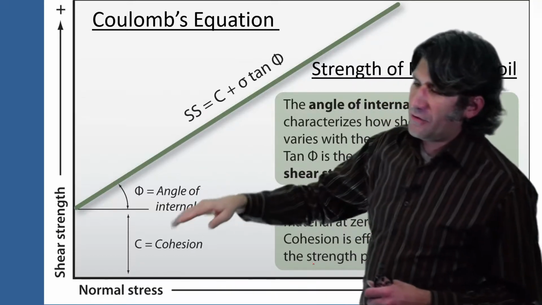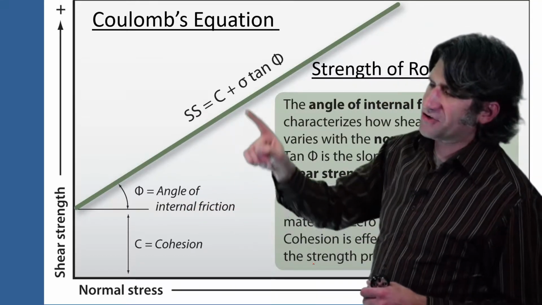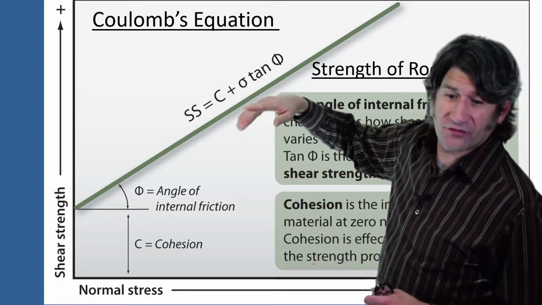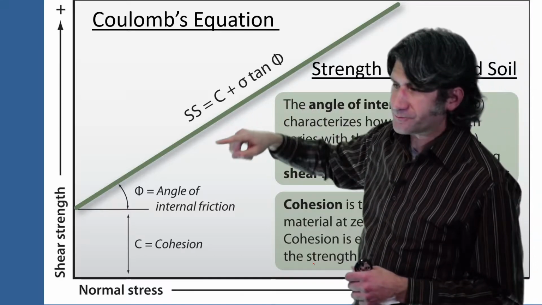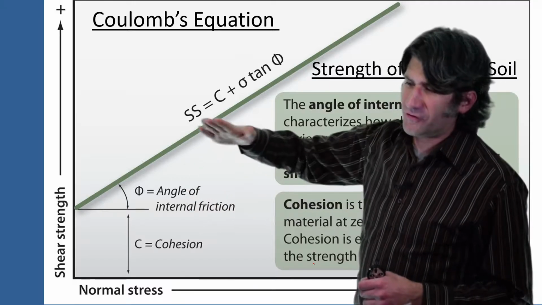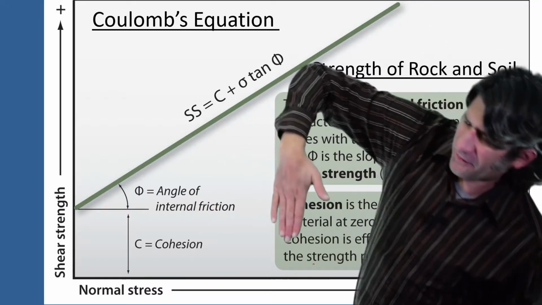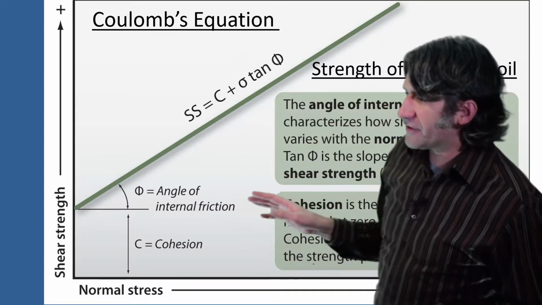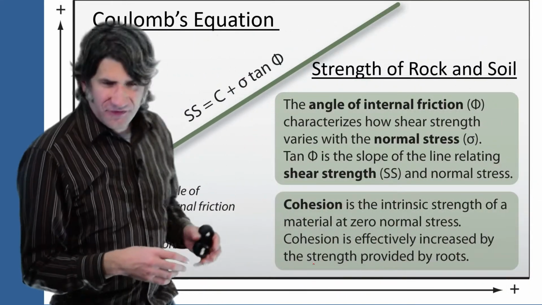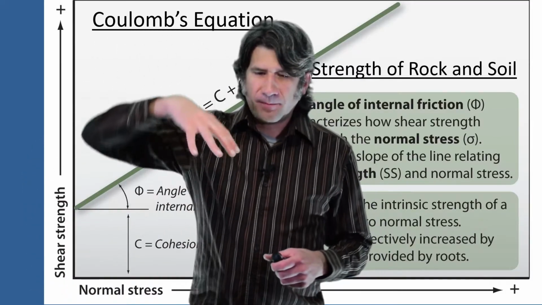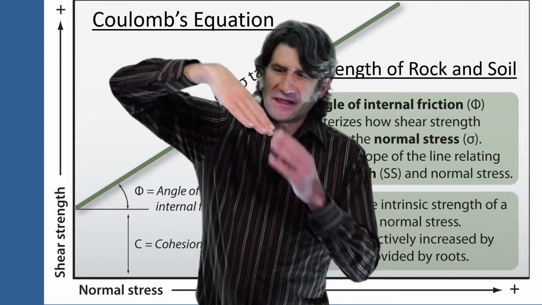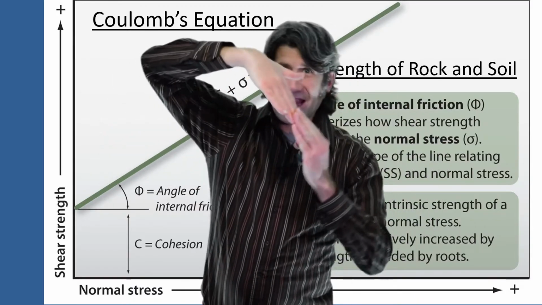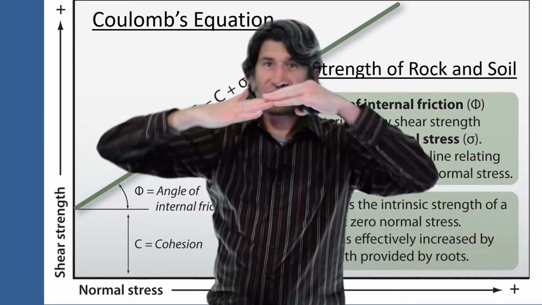Now, the variation in how much normal stress increases or decreases the shear strength is associated with the angle of internal friction. That's going to tell you how steep your line is, and that's going to vary based on the material. But what does this mean? Well, if we have a pile of sand, or we have a slope, then depending on the angle of that slope, we're going to have a different strength of our material.